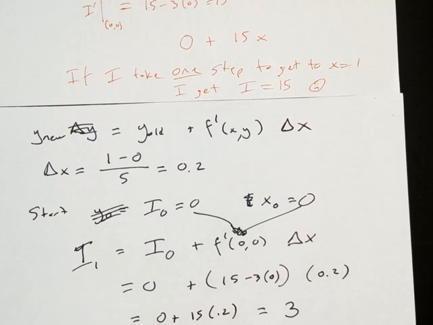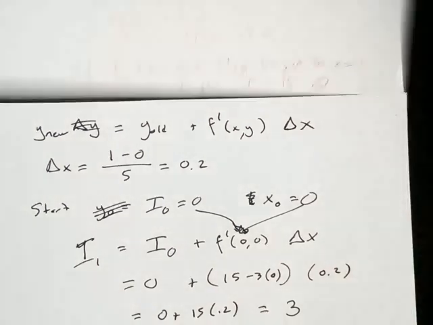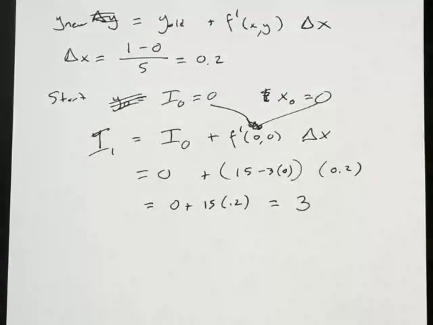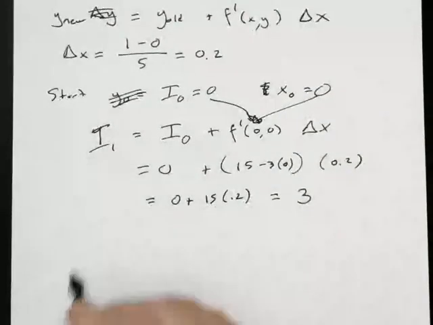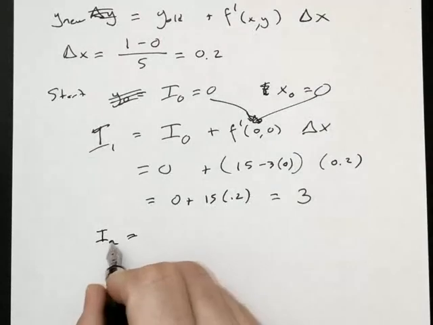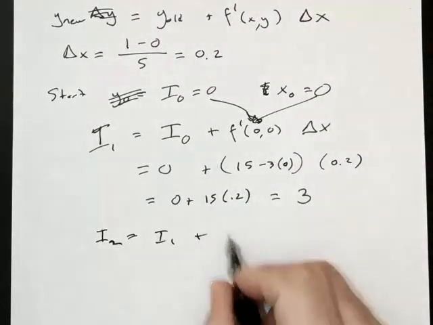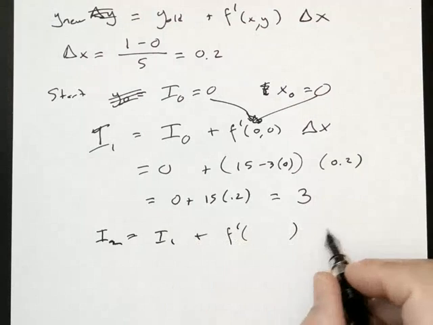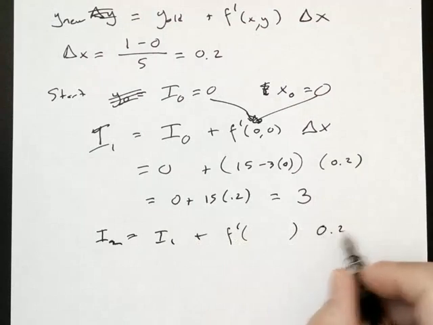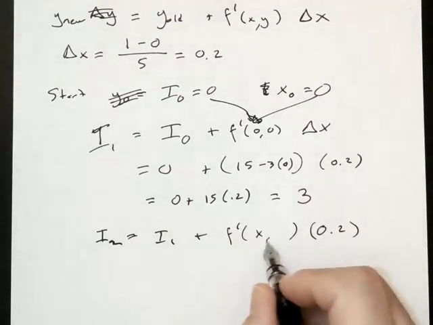Okay, wait a minute. At the point 0, 0, there should be a line of slope 15. This time delta x wasn't 1, it was 0.2. So you go up 15, and went up 3. That's a better idea. That's step 1. I have to take 4 more steps. I2 is I1 plus I prime times 0.2.